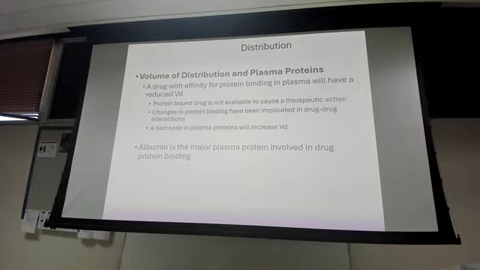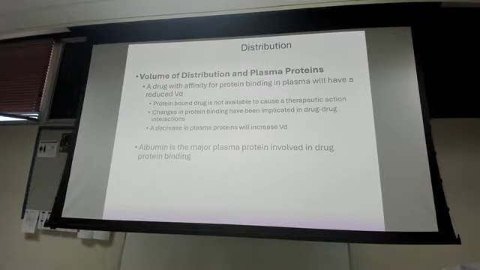All right, so we talked about these two things: volume of distribution and protein binding. Now when we're looking at them together, if I have a drug that has a high affinity for protein binding, I now have a reduced VD because I'm bound to the protein.